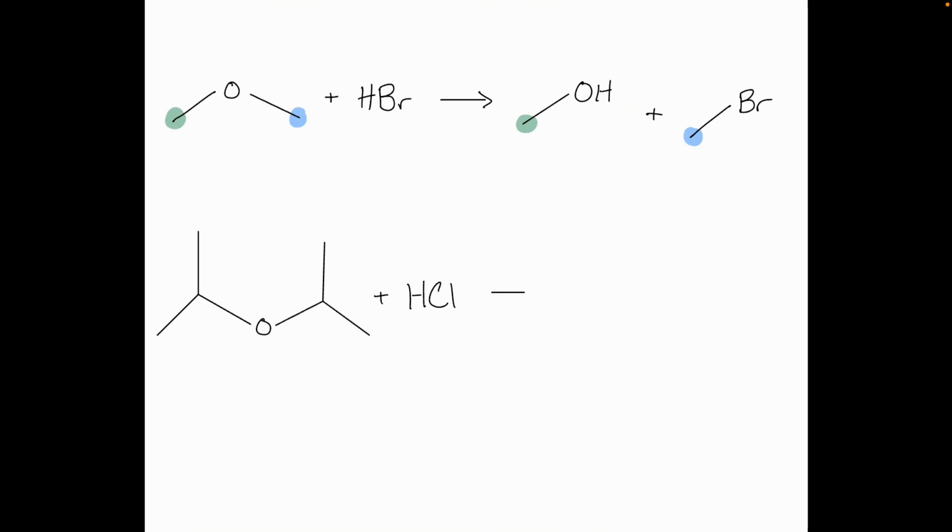All right. So again, we're kind of chopping it at that oxygen. So one half is going to be our alcohol, and the other half is going to be, in this case, that alkyl chloride. It's going to be a chlorine. But importantly, counting carbons, I got 1, 2, 3, 4, 5, 6, right? So all my carbons are accounted for.